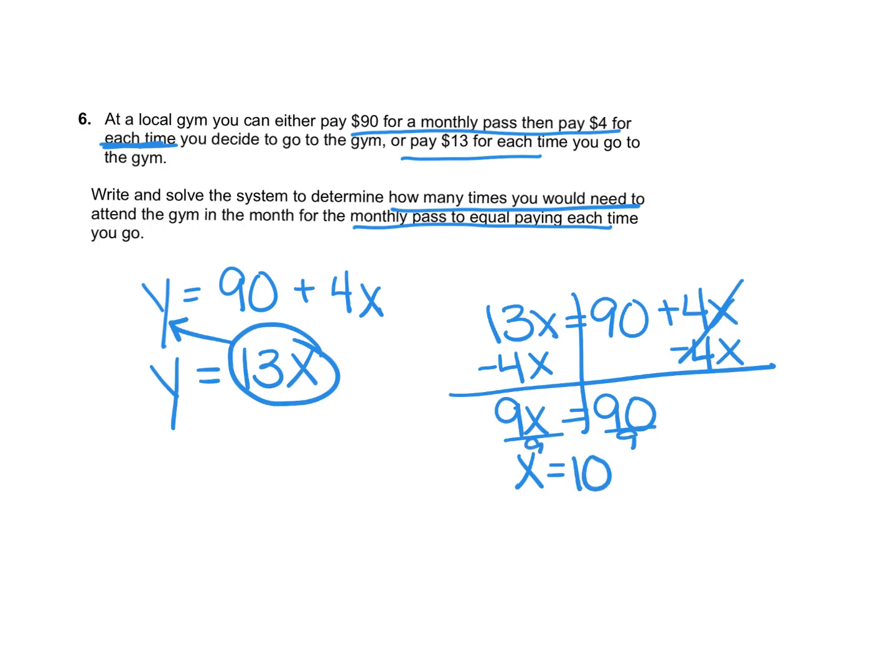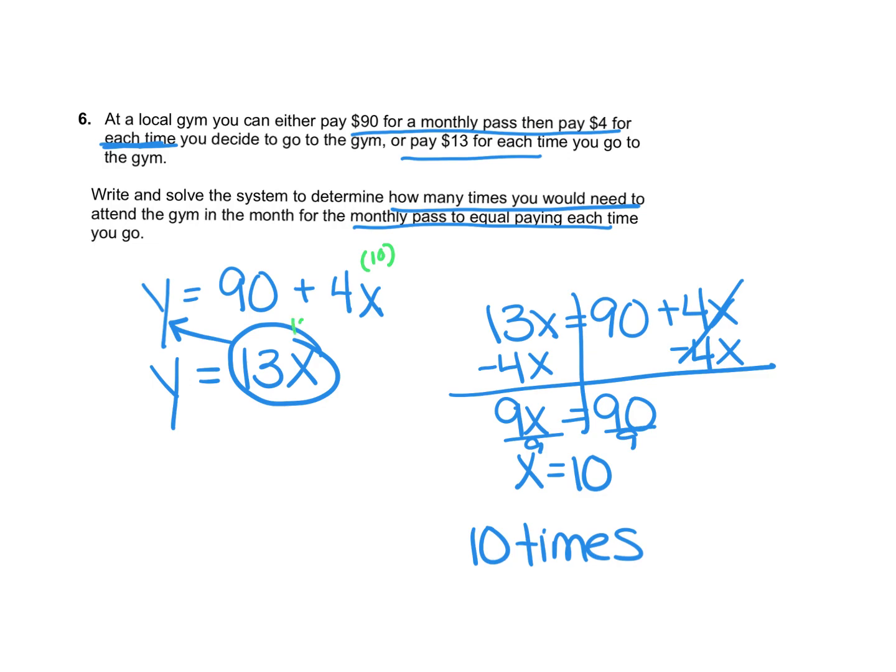So since we were saying that x is equal to the number of times that people would need to go to the gym, that after 10 times, you would then have the same amount that you'd pay for being a member and not a member. So since it's 10 times, notice if I go and I plug in a 10 here, I get 10 times 4 is 40, and 40 plus 90 is 130.